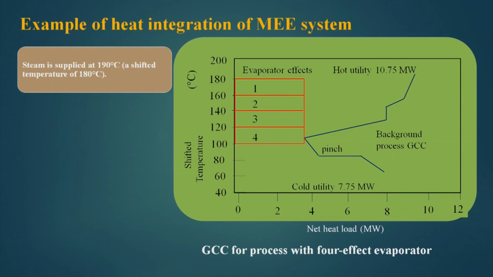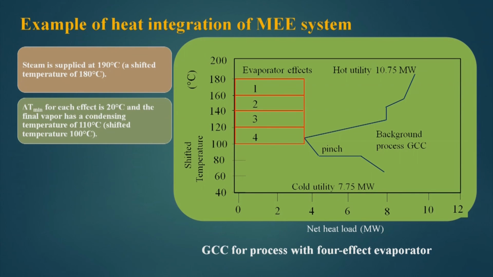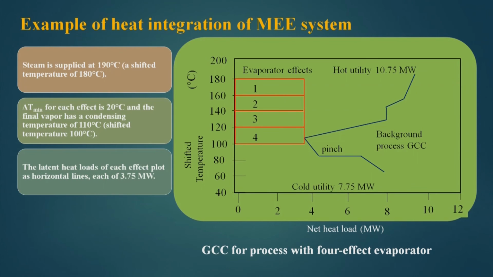The steam is supplied at 190 degree centigrade, the shifted temperature is 180. Delta T minimum for each effect is 20 degree centigrade, and the final vapor has a condensing temperature of 110 degree centigrade, shifted is 100 degree centigrade, and the latent heat load for each effect is around 3.75 megawatt.